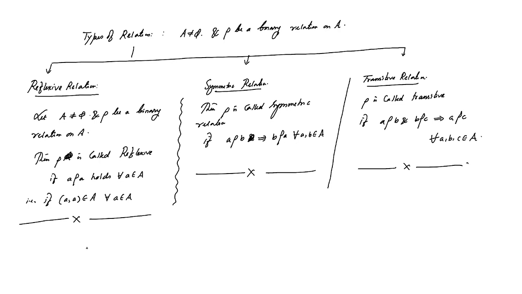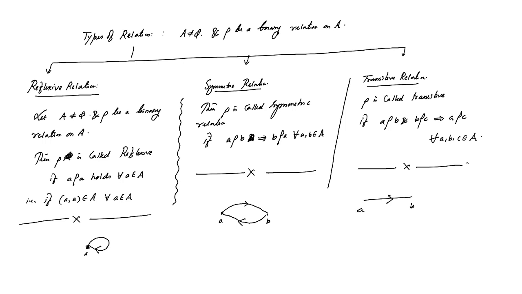Because in the first case, if you start with a, then a is related to a. The figure is like this, one kind of loop. Here this is a and this is b. So if a is related to b, then b is related to a. That you need to show. In the third case, here is a, here is b, here is c.